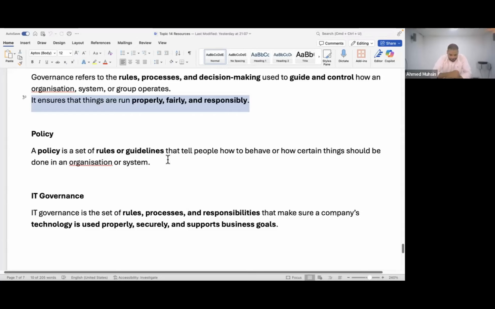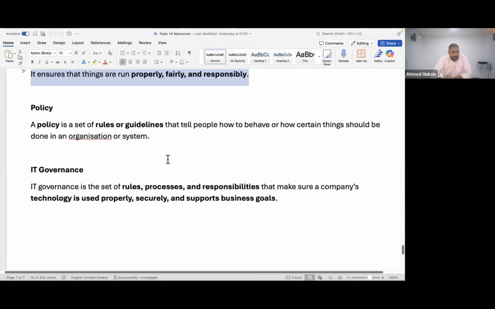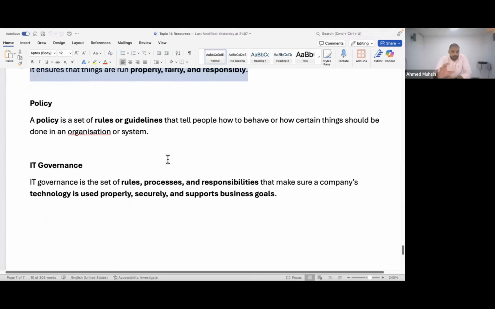So then we are going to join those two words and call it IT governance. What do you mean by IT governance? We know what governance means: running an organization fairly, properly, responsibly. Now, when you put IT into it, what does that mean? When you bring IT, it's all about technology.